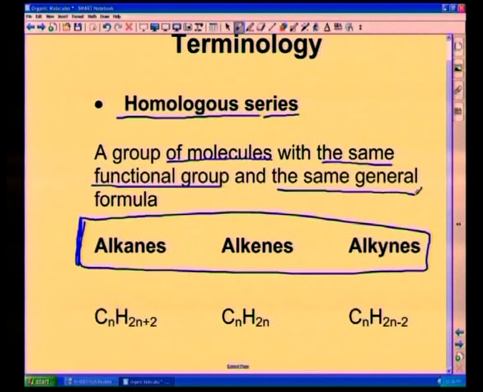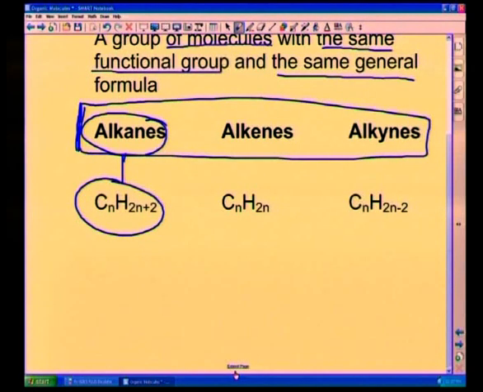For example, alkanes are a group of organic molecules that form their own homologous series according to the general formula CnH2n+2. And you may wonder, what is this N? What is this C? What is this H?